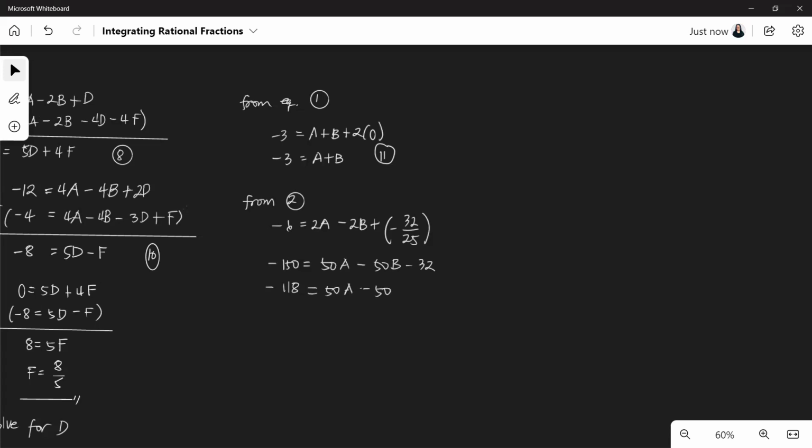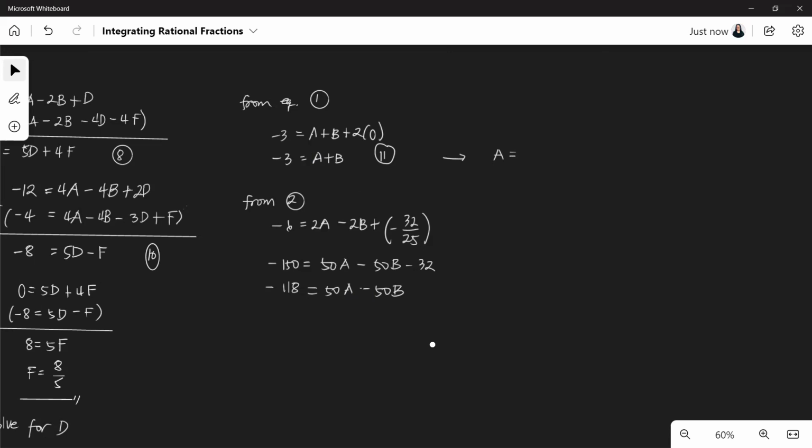Although it has two unknowns, and it's plus and minus here, we can transform this by putting A, for example, on one side.